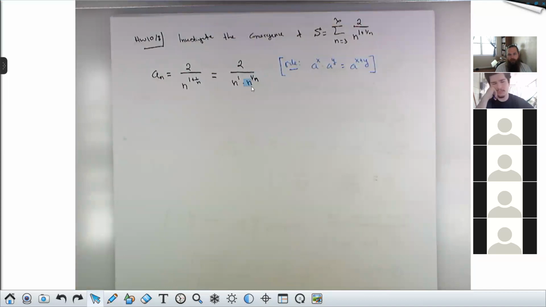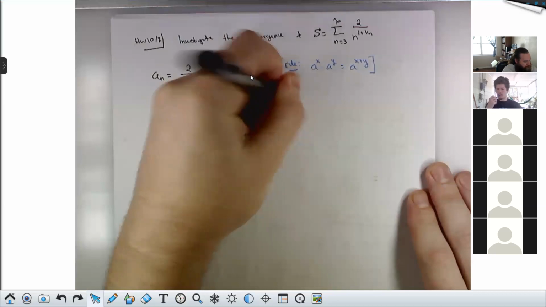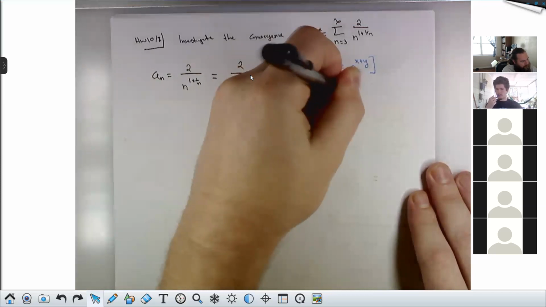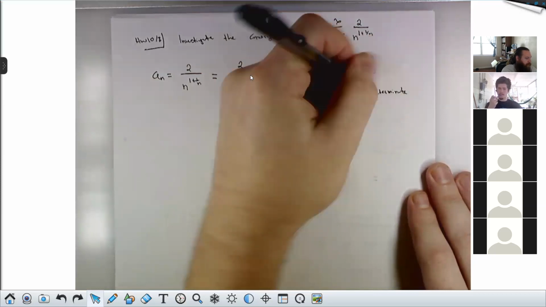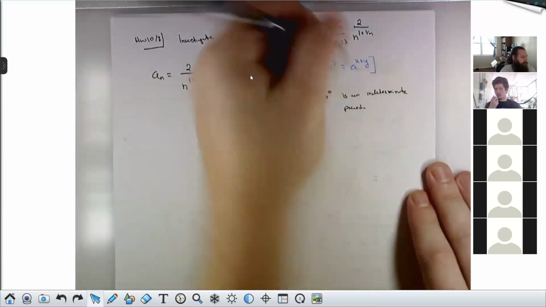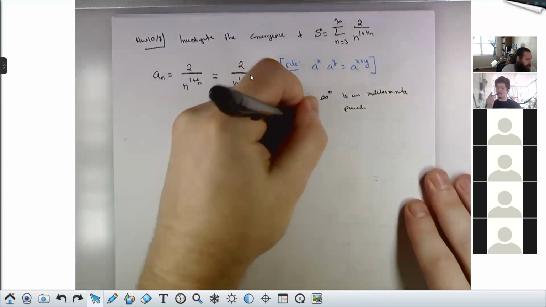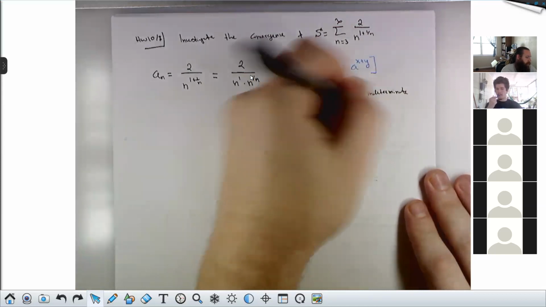So if you take a big number and you raise it to a little itty bitty power, the results can be quite interesting. I would say perhaps something like this. Recall that infinity to the 0 is an indeterminate power. So this n to the 1 over n piece is the weird guy.